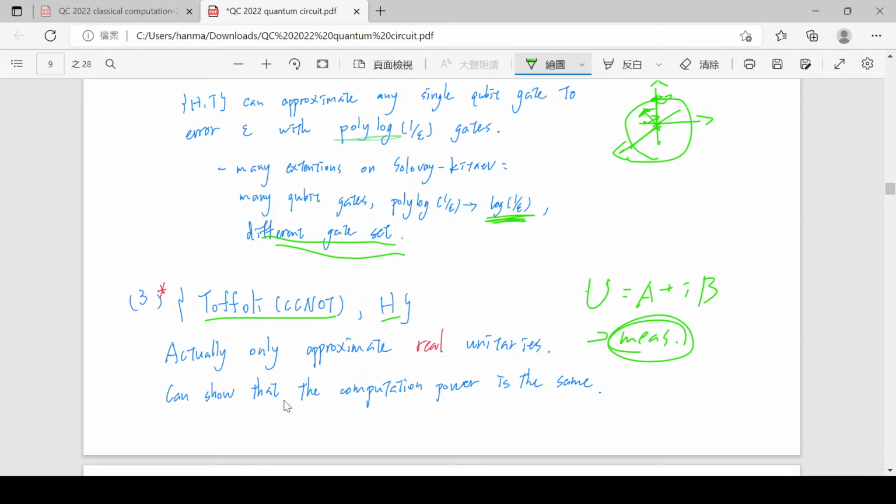So it's still universal in computational power, even though you only do real unitaries.